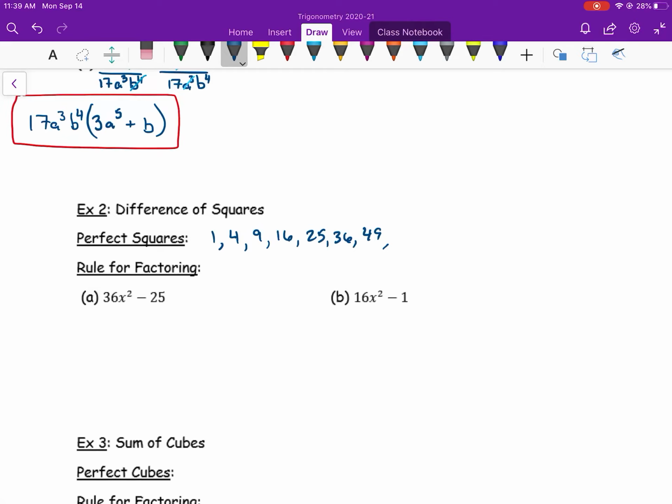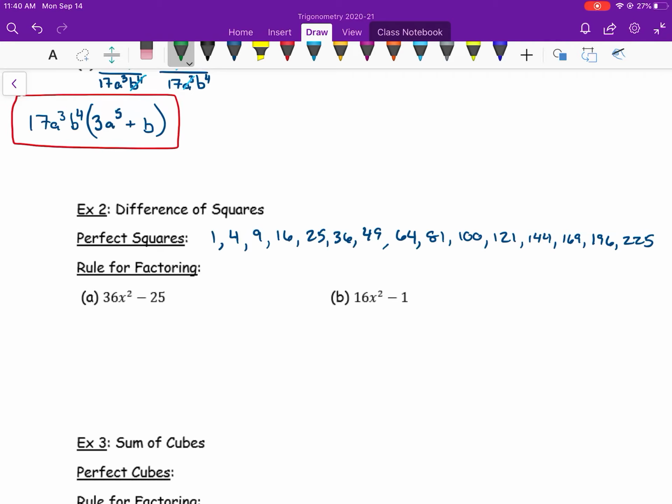That's 7, 8 is 64, 9 is 81, 10 is 100, 11, 12, 13, 14, and go all the way up to 15. That's all I expect you to memorize. So those are all of our perfect squares, and then our rules for factoring.